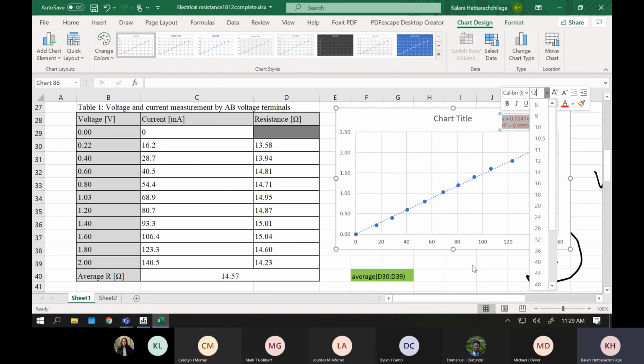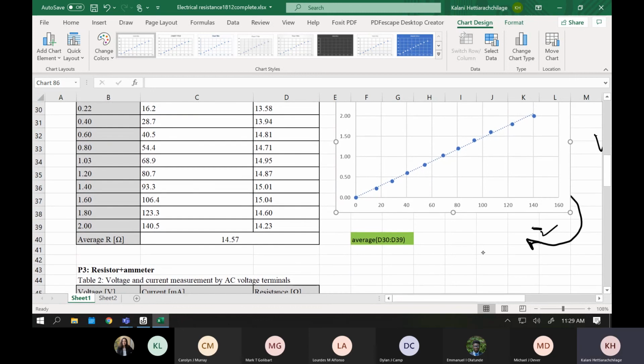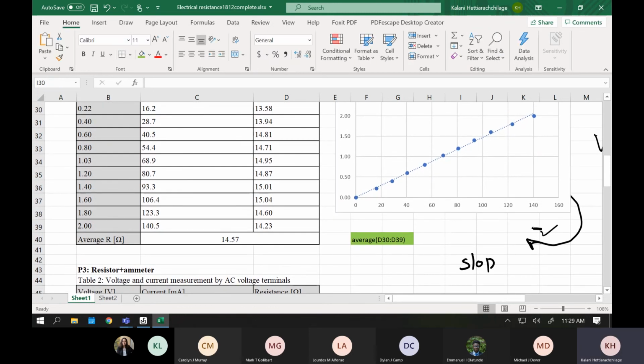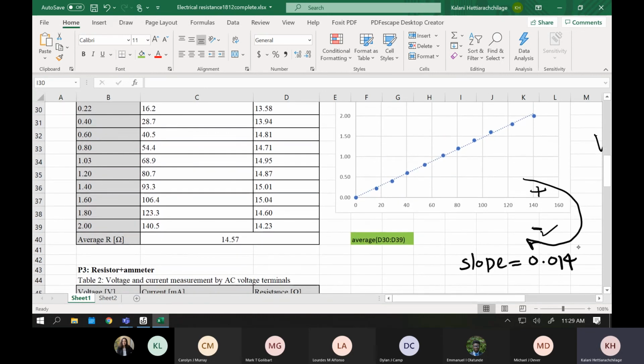Okay, so now my value, I have it in here. I need to make sure that I multiply by 1000, because you have milliamps in the range, right? The slope I have here is 0.014 something, 47, right?